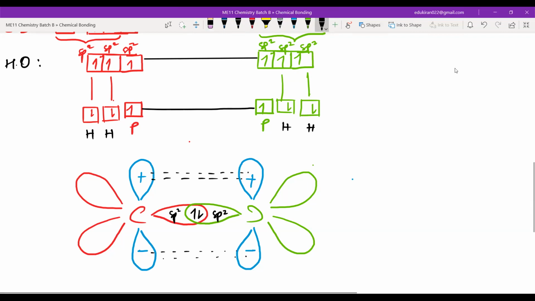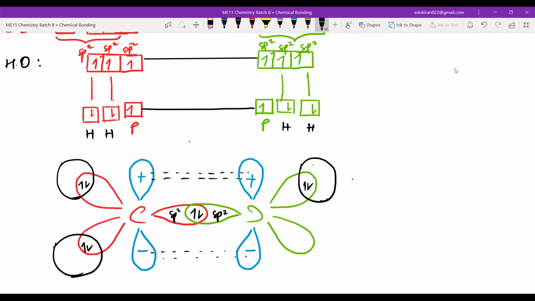So now the hydrogens. This is one hydrogen. This is another hydrogen. Here also there is one hydrogen like this. Also, please remember that these are only 2 bonds.